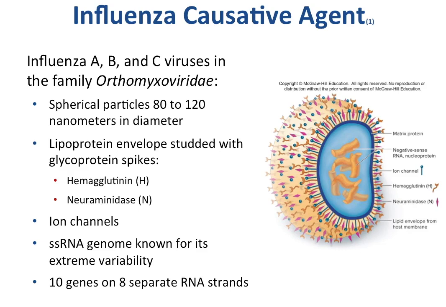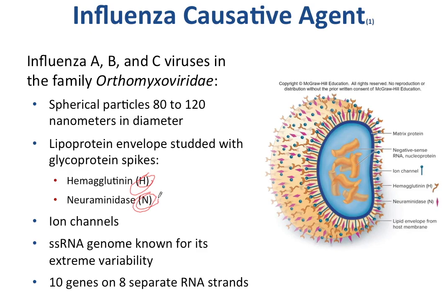So that's hemagglutinin and neuraminidase, also called H and N. So every year, H and N change. So that's why it's difficult to make a vaccine. Because each year the virus changes the H and N, it is difficult to make the vaccine every year to treat the specific influenza virus.